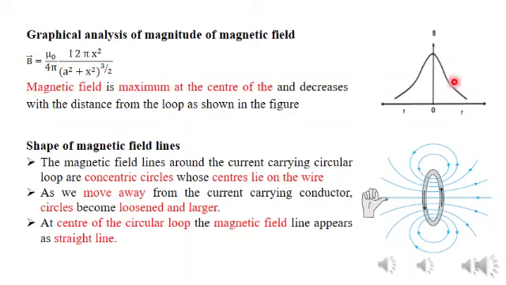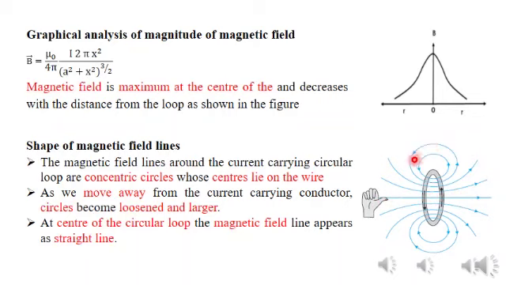Shape of magnetic field lines. When we observe from the right side of the loop, since current flows in anti-clockwise direction, this side of the loop acts like a north pole and magnetic field lines direct away from the center of the loop and go like this.